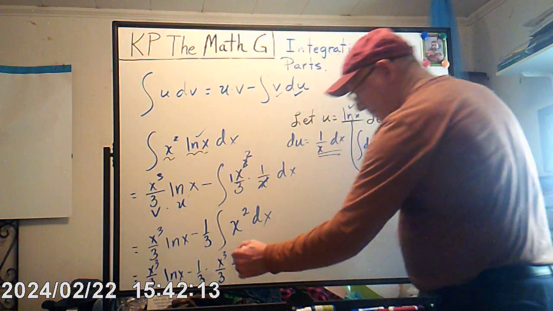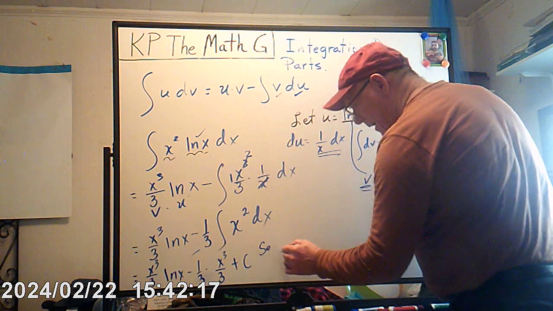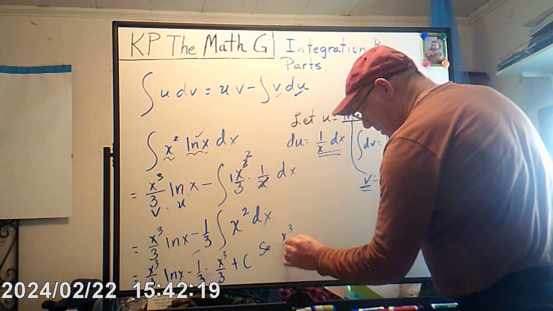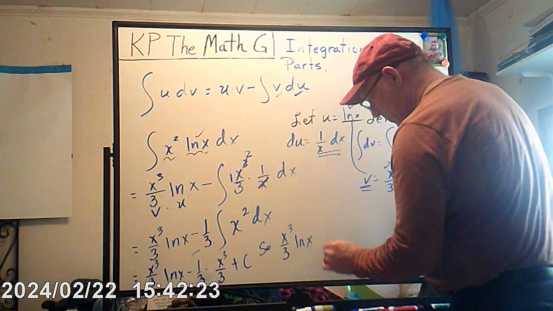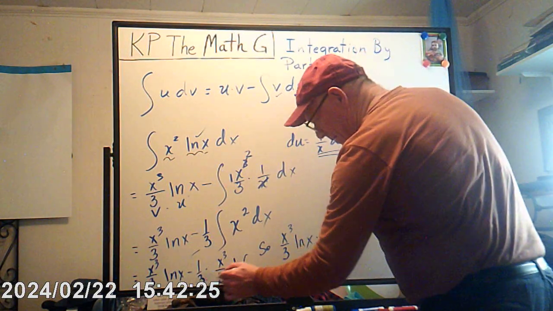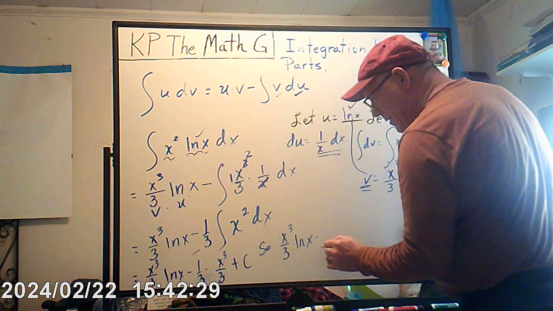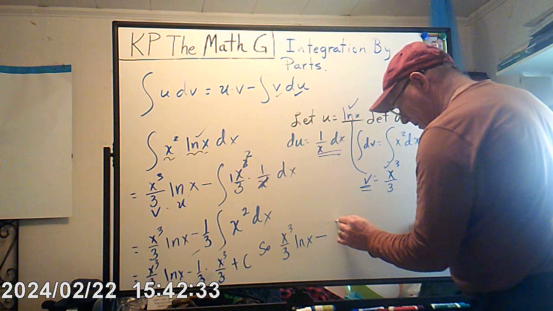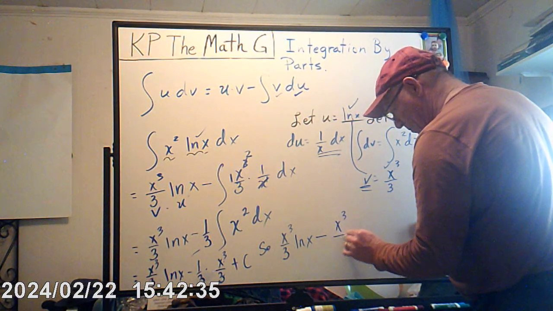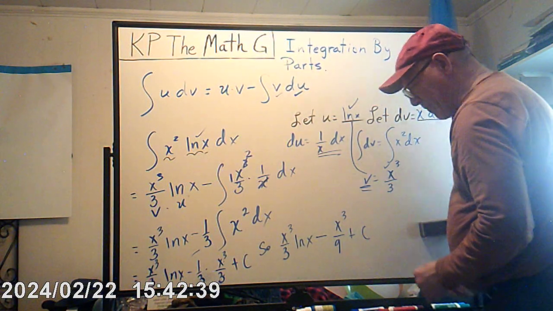And then of course I can clean this up a little bit. So I have x cubed over 3 ln of x times, now 3 times 3 is 9, 1 times x cubed is x cubed, minus sign here. So x cubed over 9 plus c.